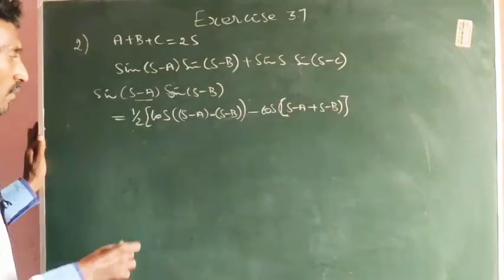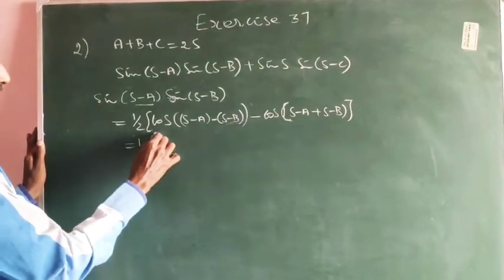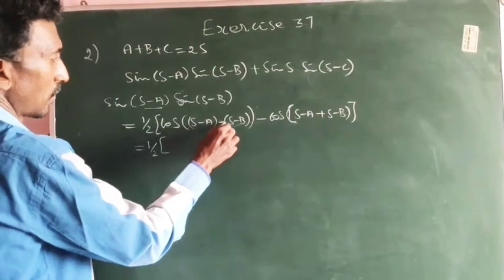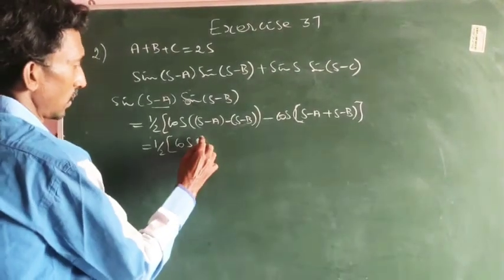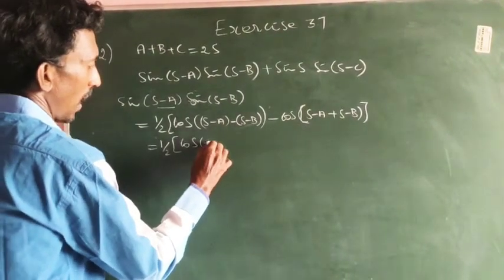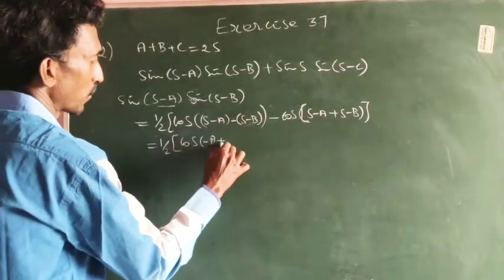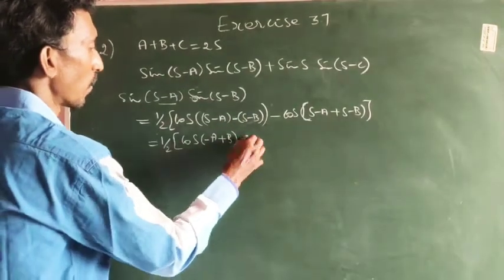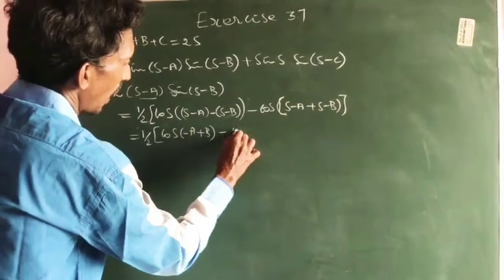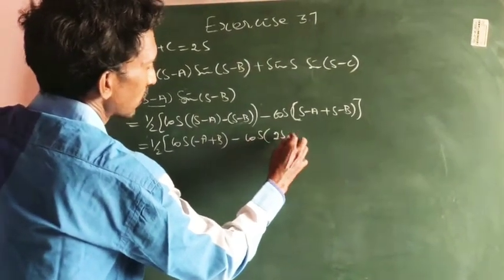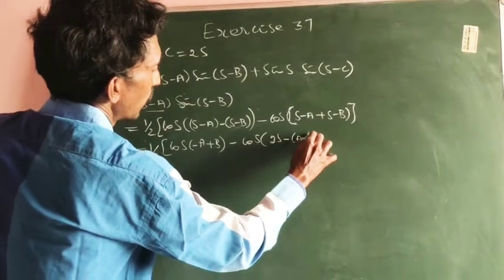The s minus s cancels in the first term, and the second gives cos(2s minus (a plus b)).